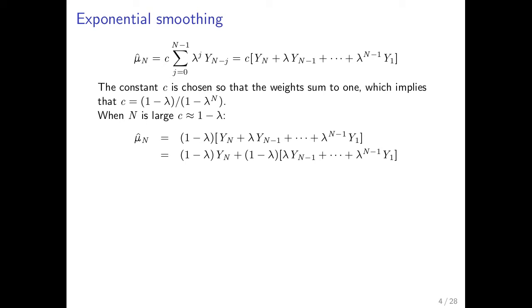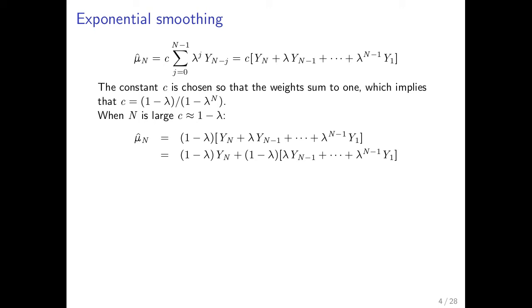So mu hat n equals (1 minus lambda) times y_n plus lambda y_{n-1} plus dot dot dot plus lambda to the n minus 1 power on y_1.